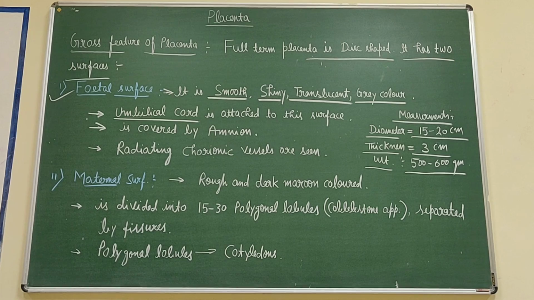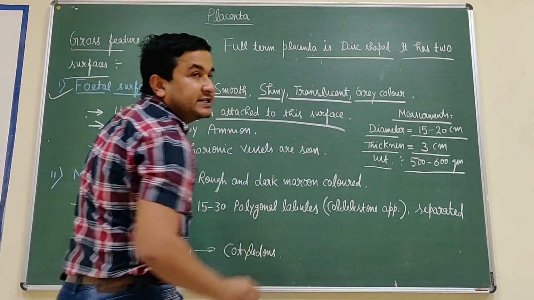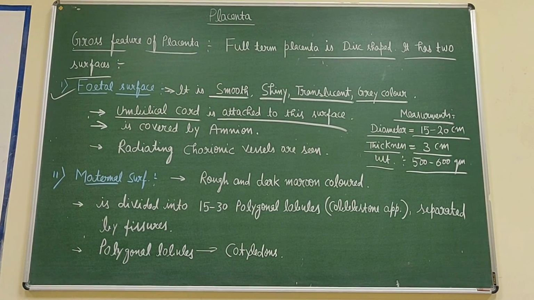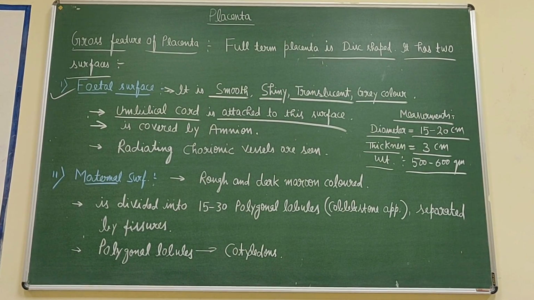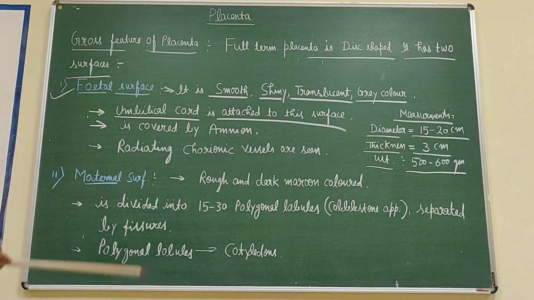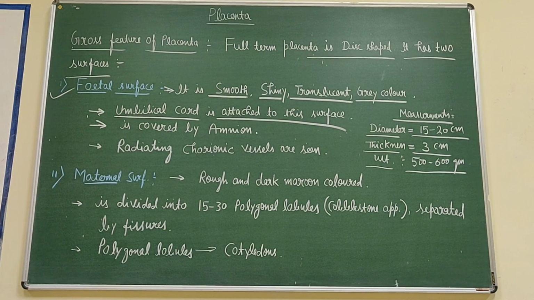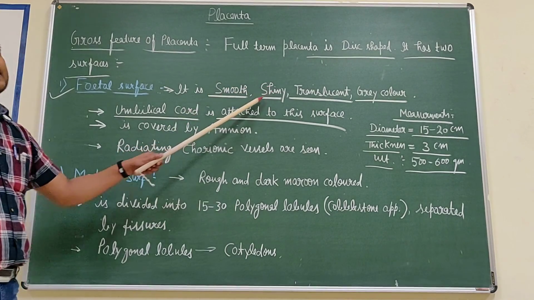One end is attached to the placenta, and the other end of this umbilical cord is attached to the umbilicus of the fetus.